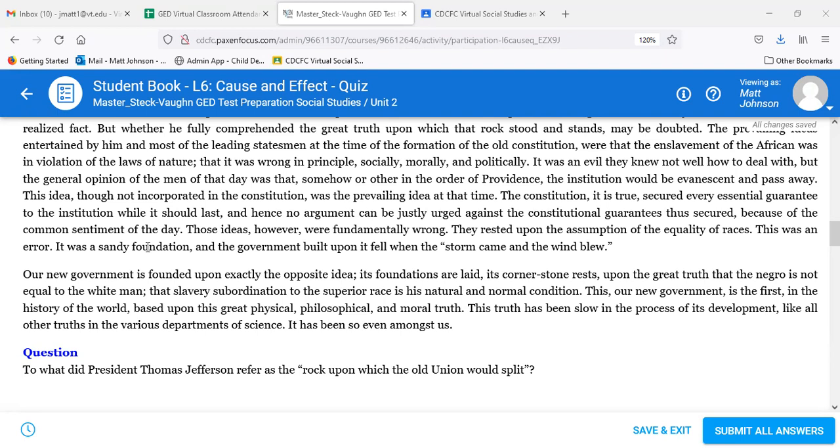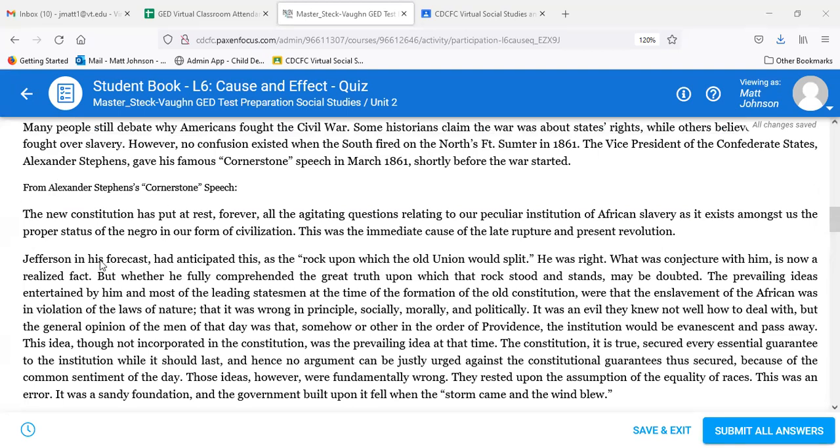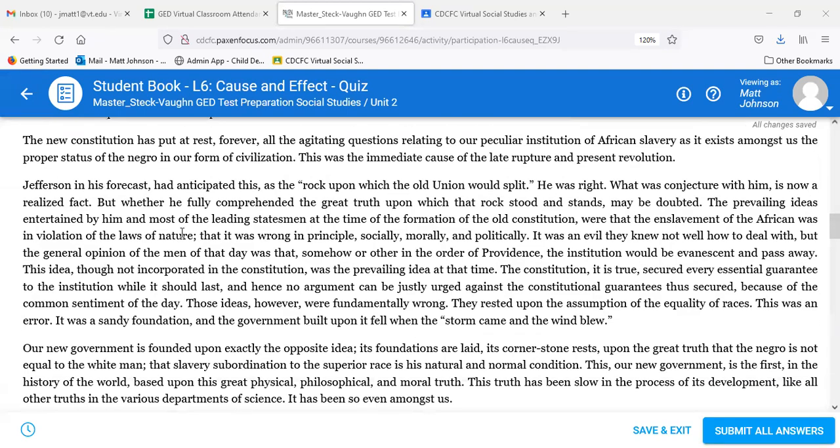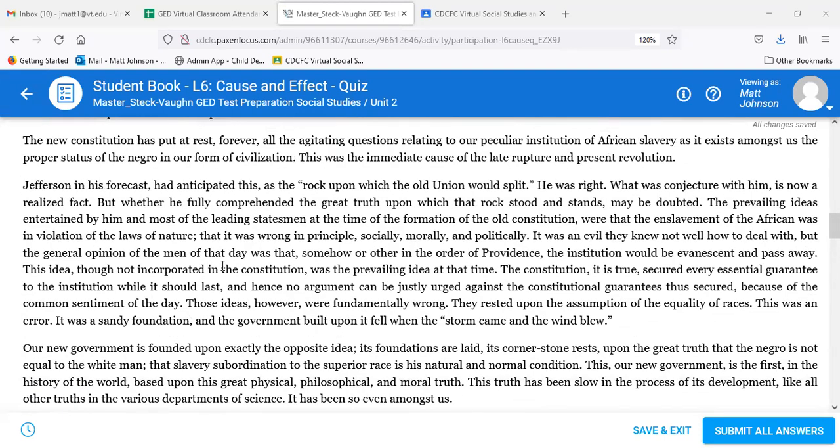There is not a historian worth their weight that is going to say anything other than that this war was about slavery. And here is perfect evidence coming from Alexander Stephens, vice president of the Confederacy, telling everybody exactly what it's about.